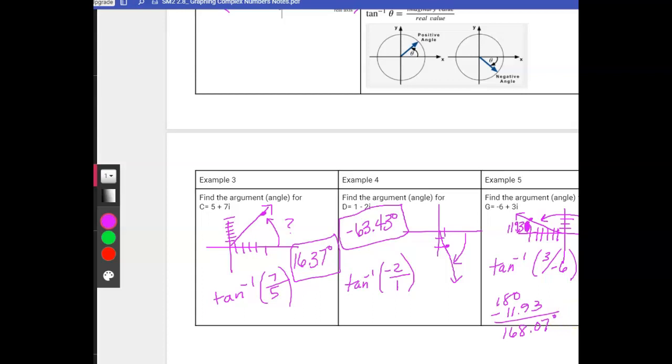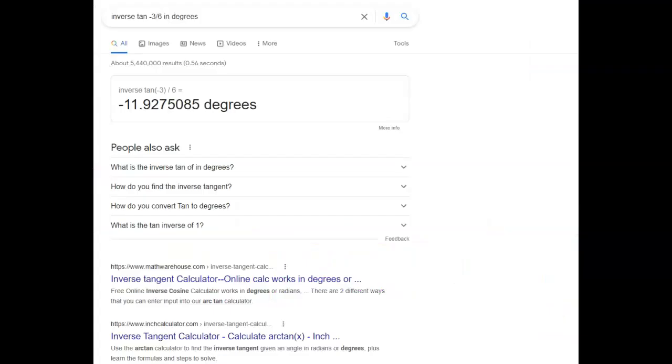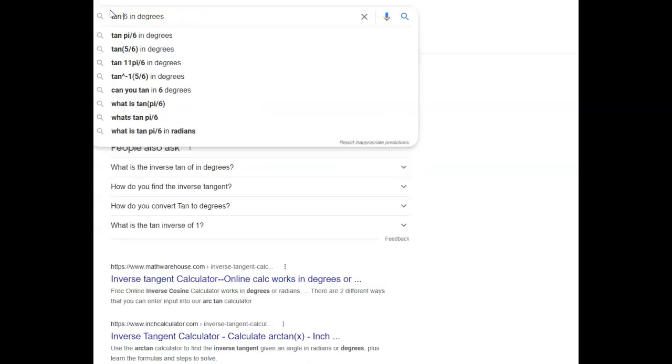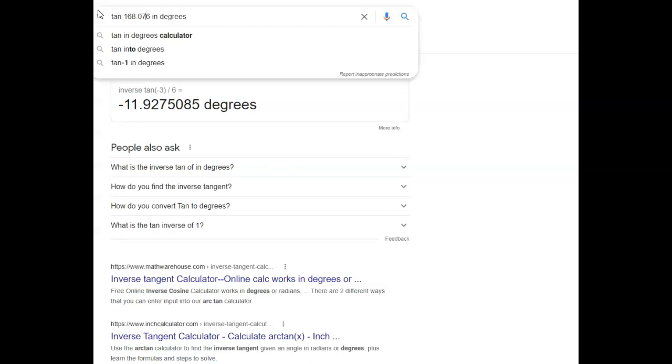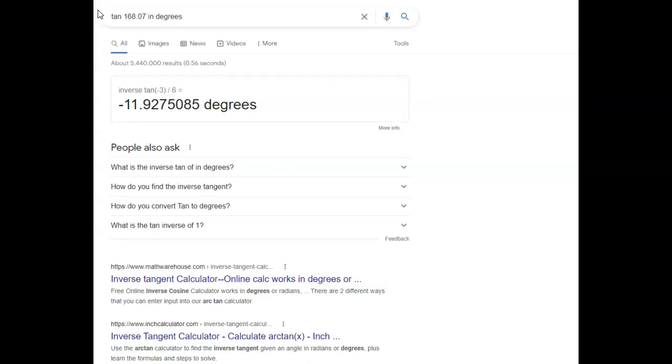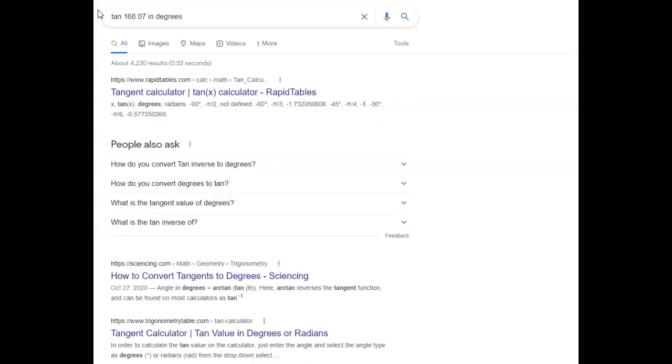And we can check it. So 168.07. If I type in tangent of 168.07, I don't know where my answer went.